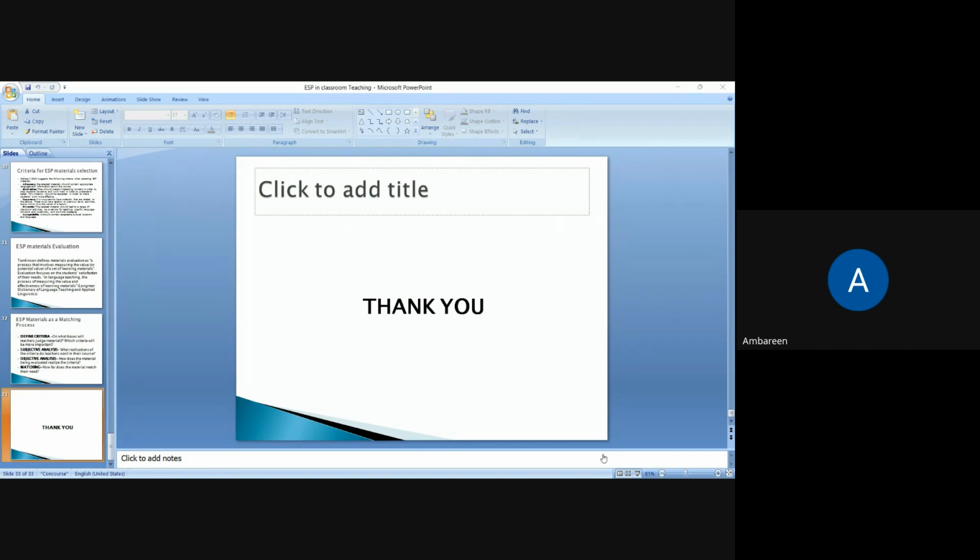So you cannot imagine, ma'am, that they enjoyed their study, they enjoyed their subject a lot, and they are very eager to learn with these types of projects. So I am very thankful to you for sharing all your objects and all your information with us. And definitely, ma'am, we will apply more and more of your teaching skills, your learning skills in our upcoming classes. So I am so thankful to you, ma'am. Thank you so much.